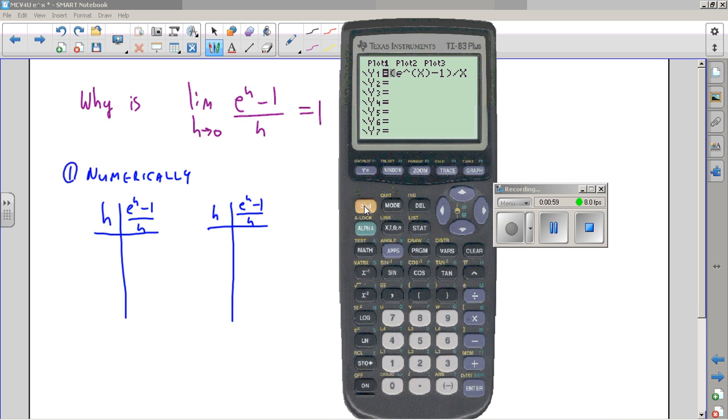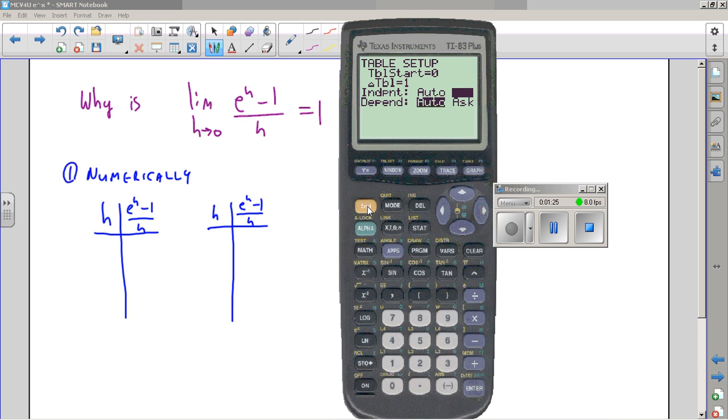The way I do that is I press second function table, but notice it's got all these values, including 0, which is what I'm interested in, and it gives me an error. Well, that makes sense. That's because it's 0 over 0, which is indeterminate, which is why we're having the trouble in the first place. But I can set up my table, and it will ask me what x values I'd like.